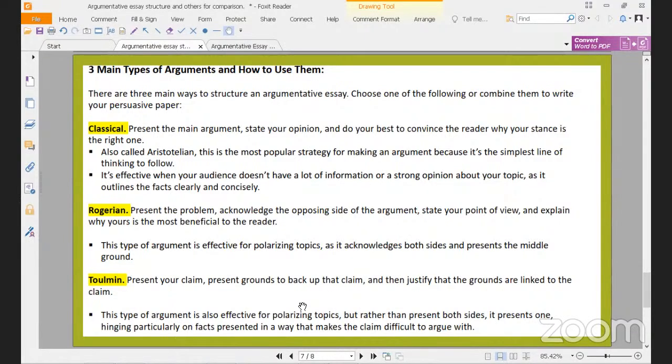Ryder, are you back? Teacher, classical. Classical, okay. We present the main argument, we state our opinion, and we try to convince the reader.